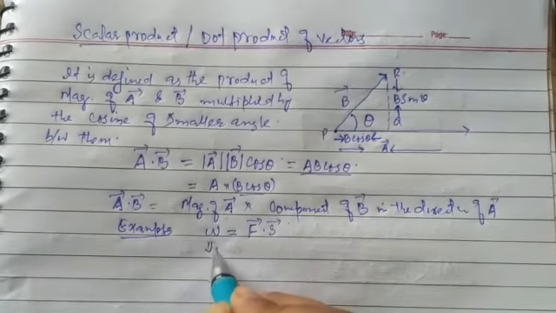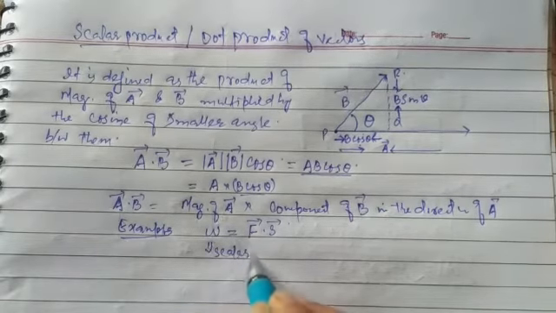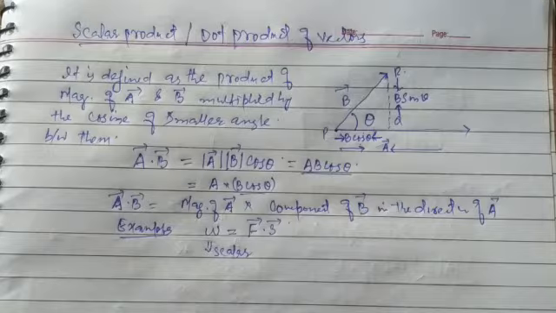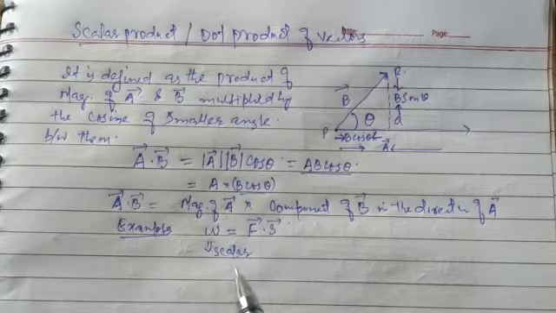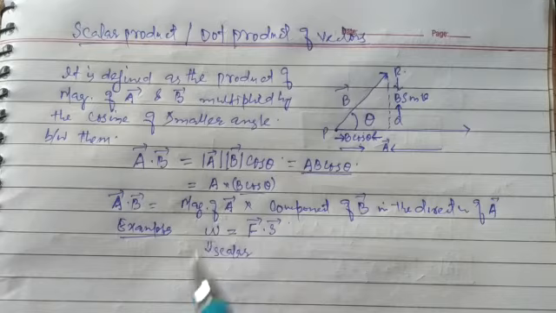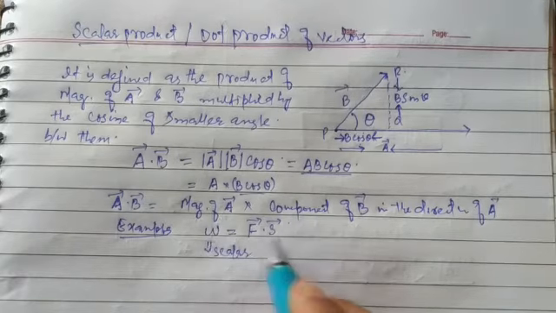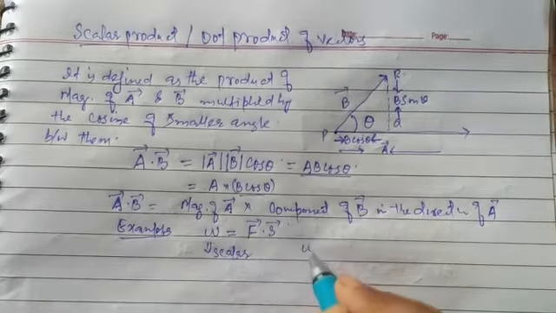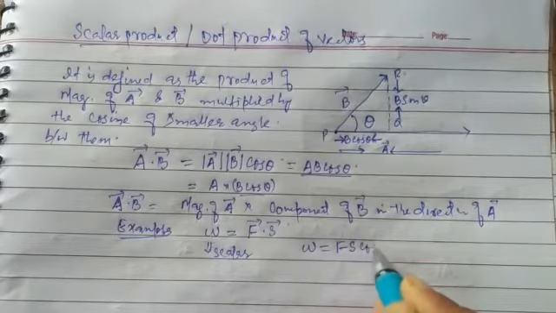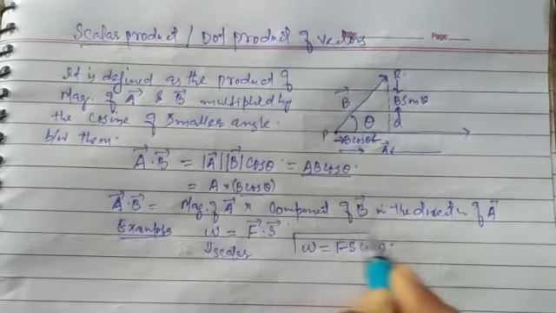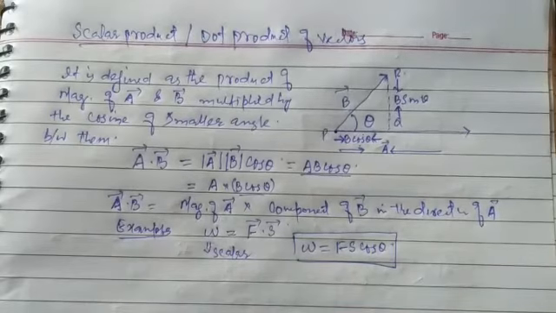If somebody asks you to make a scalar product of the two, you should be aware that the result will be a scalar. Or if somebody asks you to make a dot product of the two vectors, F dot S, we can put it like this: W equals F S cos theta. This is an example of dot product.